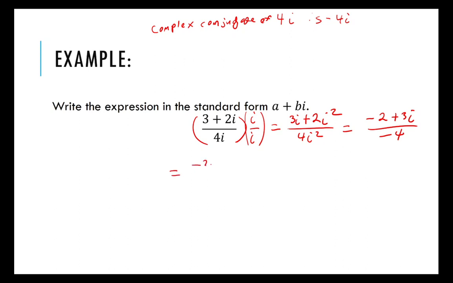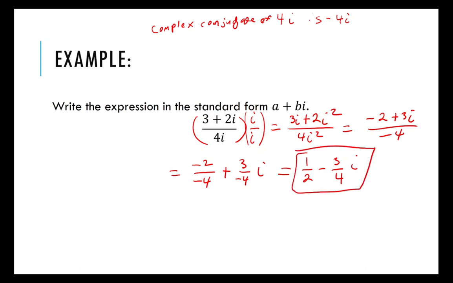This is then going to be negative 2 divided by negative 4 plus 3 divided by negative 4 times i. I'm just going to clean this up a little bit. Negative 2 divided by negative 4 is positive 1/2. And then plus negative 3/4 is the same thing as minus 3/4 i. And so if you try multiplying by the complex conjugate negative 4 over negative 4i, in the end you should still get 1/2 minus 3/4 i.